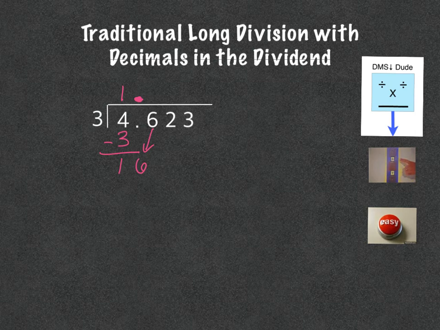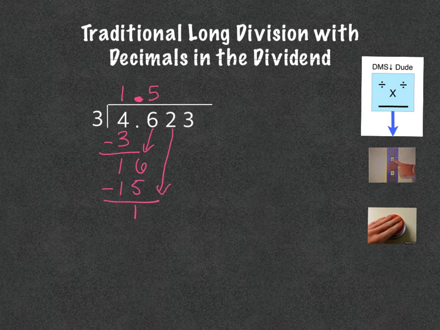I'm doing this on purpose because I want you to be able to compare. So it doesn't go in 4 times. It goes in more. It actually goes in 5 times. So you always want to double check. I think sometimes we get into this rhythm of just dividing, and sometimes we don't double check and compare at the end. So what's 5 times 3? 15. 1. Phew. Okay, that's less than 3.